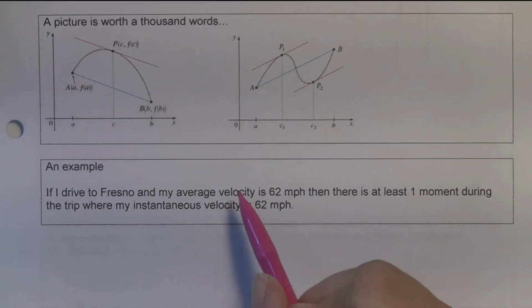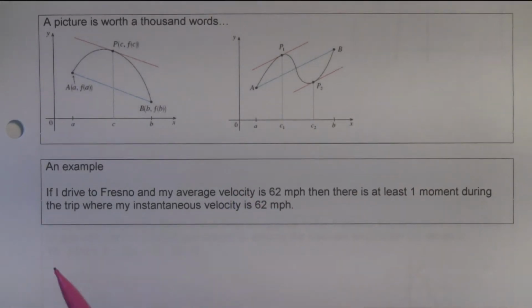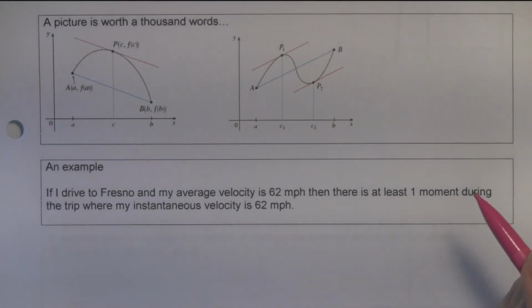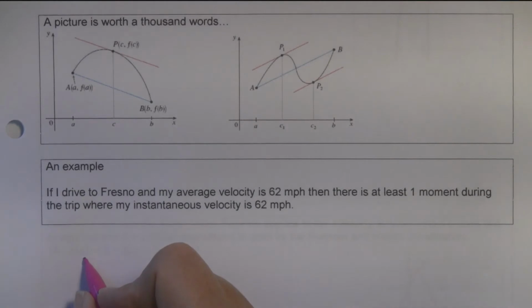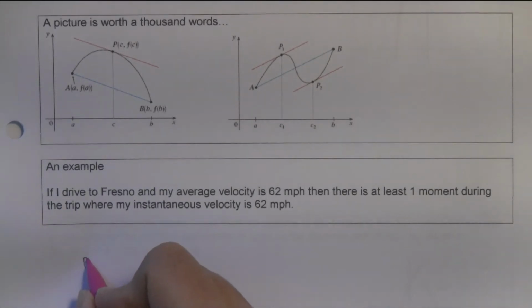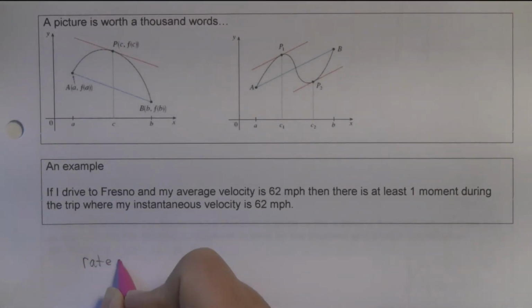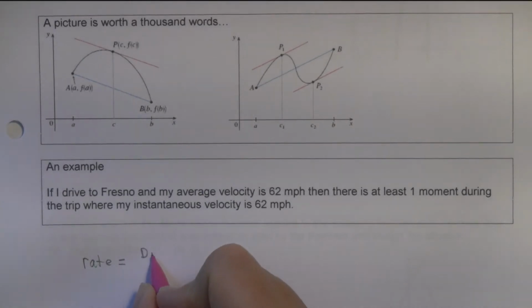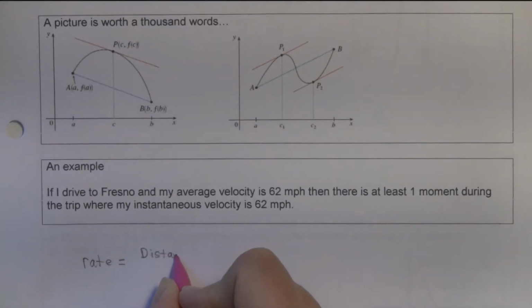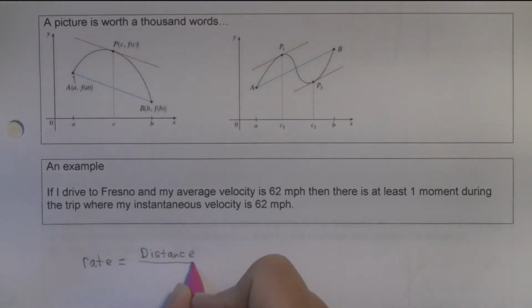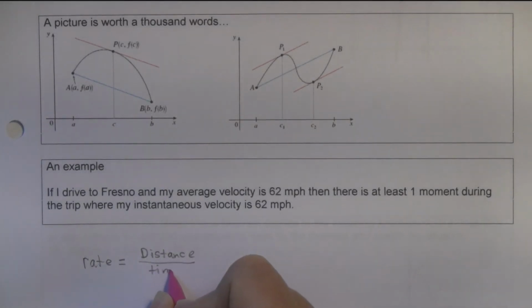How you find your average velocity on a trip is rate equals the distance that you've traveled divided by the time that you traveled.